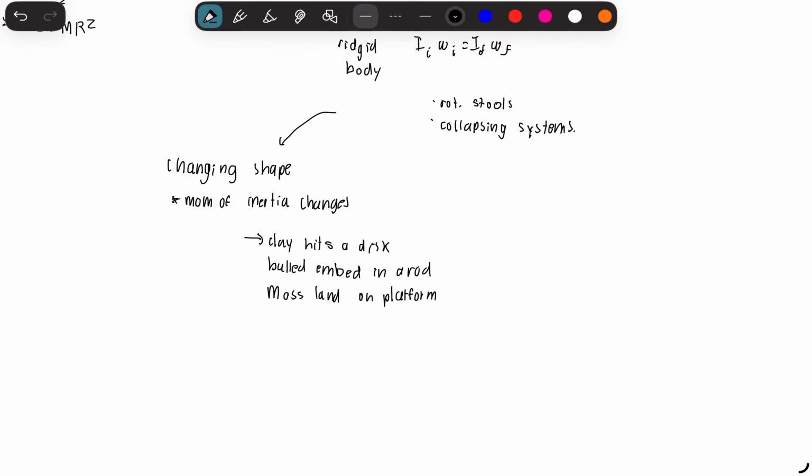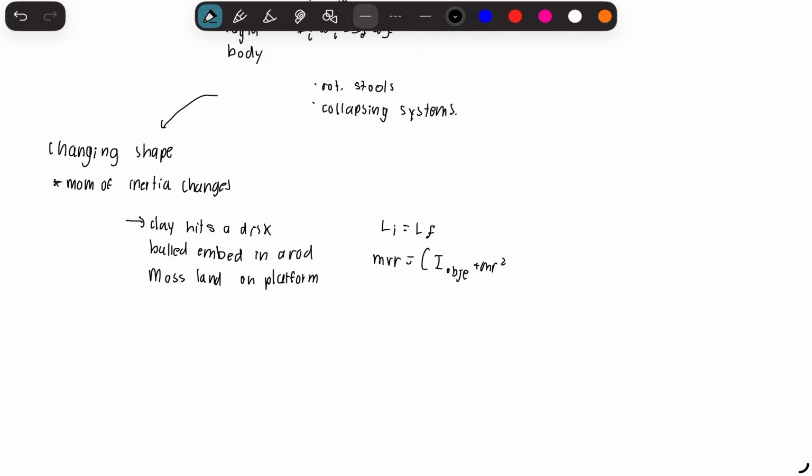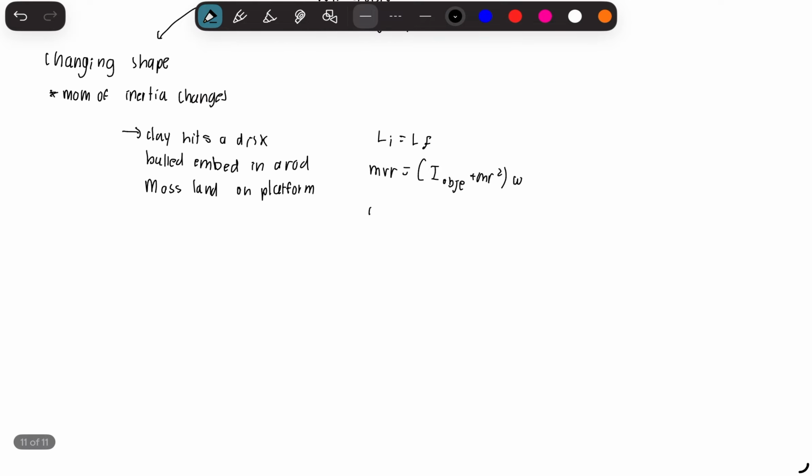Again, you can write the initial is equal to the final, and the initial, we have mvr. Finally, we have the inertia of the object plus mr squared times the angular velocity. So that is the final equation. What you get to note here is that energy is not conserved, and the angular momentum is also not conserved.